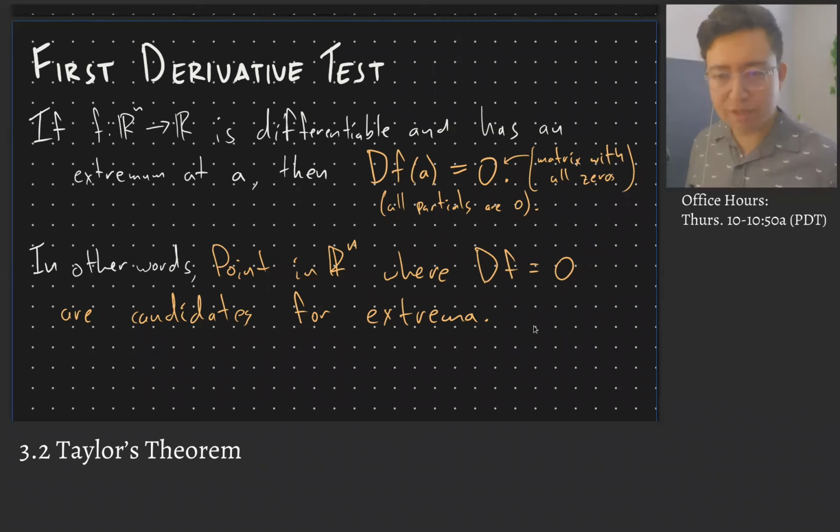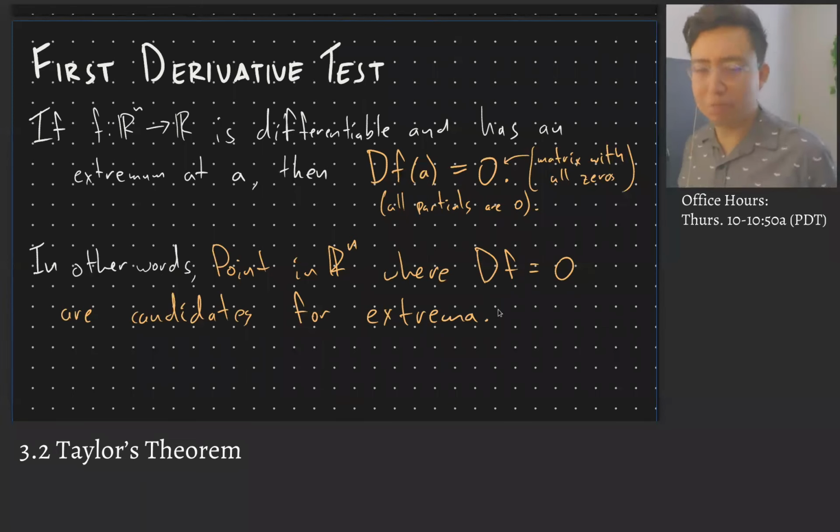Maybe you narrow it down to 1 point, or to 2 or 3 points, because these are not always linear functions, so you might have multiple solutions. Then you have just a handful of points, and you can check these to see if they are extrema. Okay.